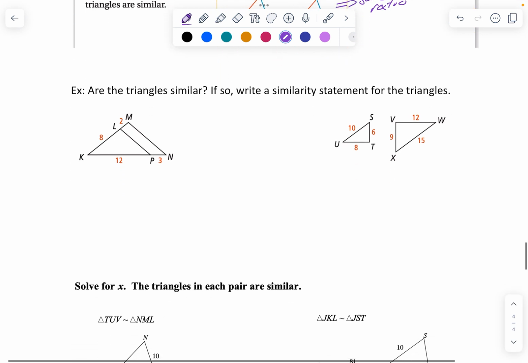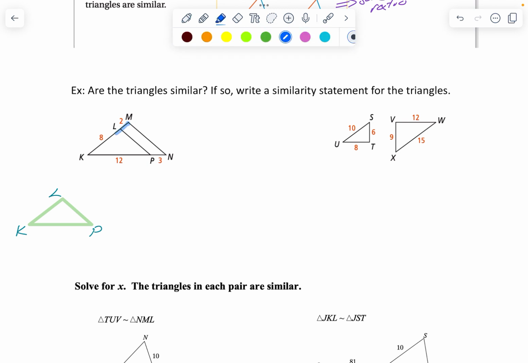So let's look here. This one is a tricky one. This is the one where maybe you want to draw them separately. So there's one, which is KLP. And then we've got the other one, which is KMN.